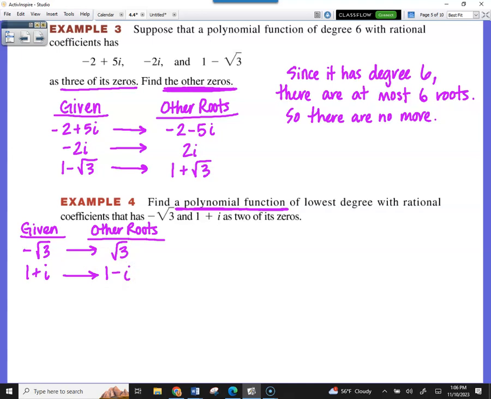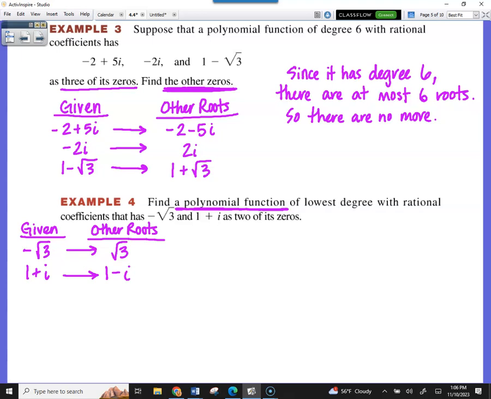Now, this one, remember we said, is actually asking us to go to the polynomial. This is a little new, so let me help you. Remember when I showed you how to get the factors? I said if you'll just say to yourself x equals negative root 3, and then you move everything to one side, then you can see the factor.